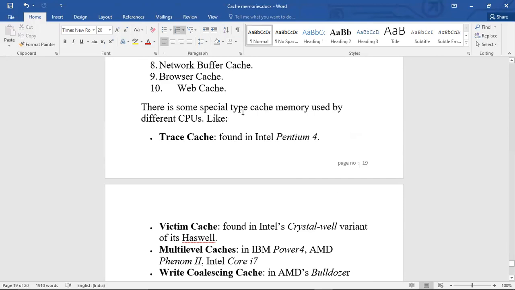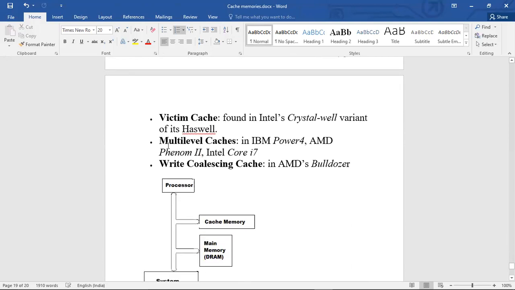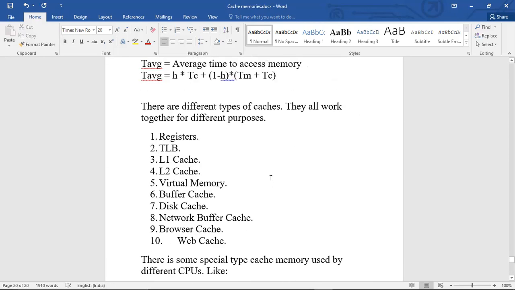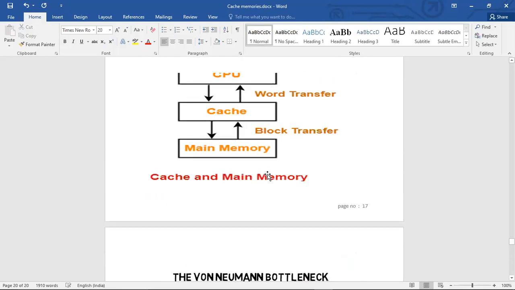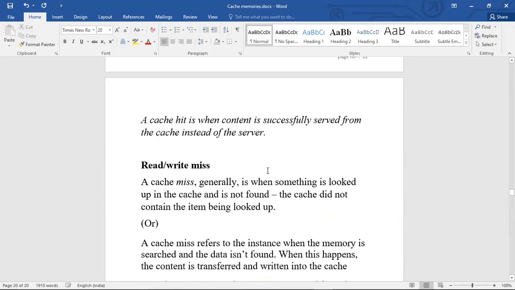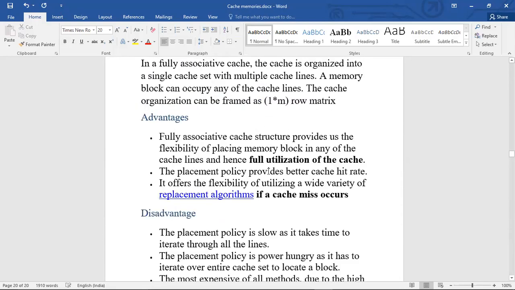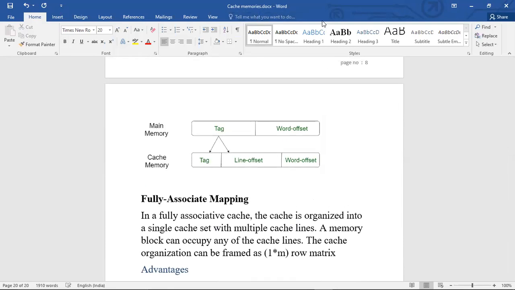There are also special types of cache memories in CPUs: trace cache, victim cache, and multi-level caches, which were developed by IBM, and write collecting cache. These are designed based upon cache algorithms.